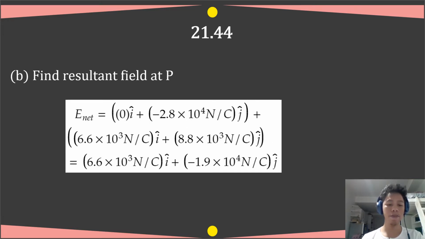To get the resultant field at point P, we simply add the two values, and therefore we get 6.6 times 10 raised to 3 newtons per coulomb i hat plus negative 1.9 times 10 raised to 4 newtons per coulomb j hat.